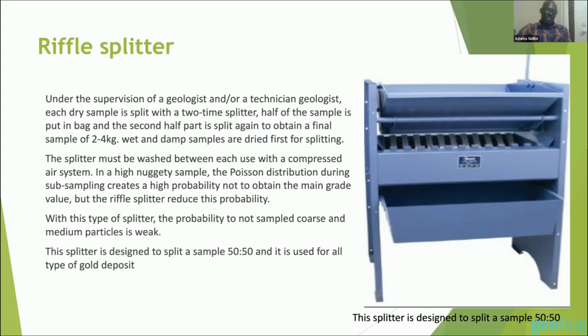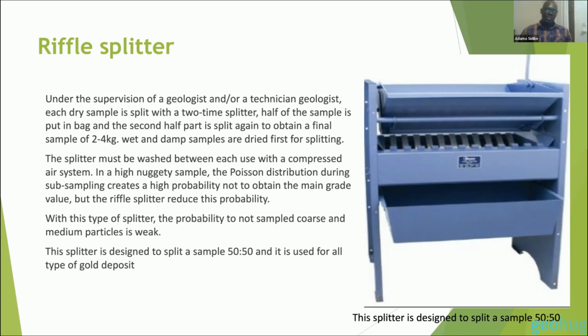But after the splitting, we have to make the traditional QA for the lab. We will discuss that later. Check the weight of the duplicate and the normal sample to get an idea of the quality of splitting; the variability versus the consistency of the sample weights can help you verify the quality of the splitting.